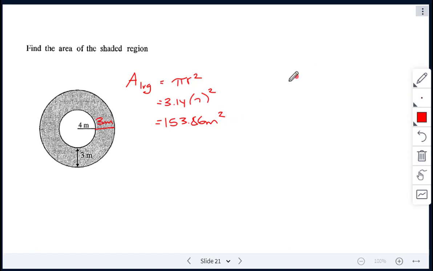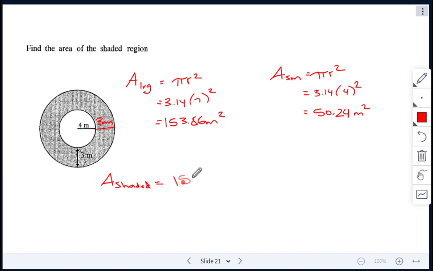And then we're going to figure out the area of the small circle, and the radius there is 4 meters. So pi r squared. That goes into the calculator, and I get 50.24 meters squared.